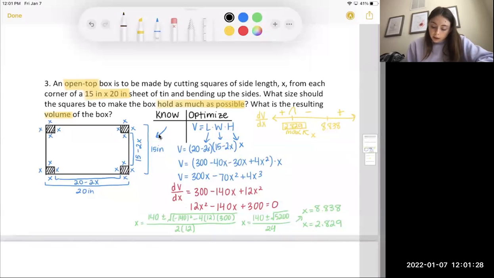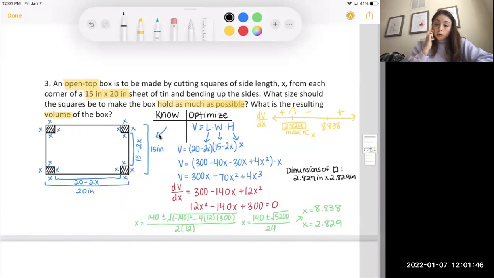So first I'm going to write that for the dimensions of the square, it's just going to be 2.829 inches by 2.829 inches.